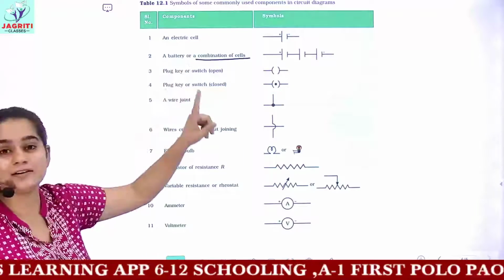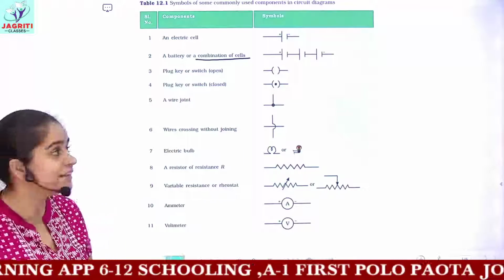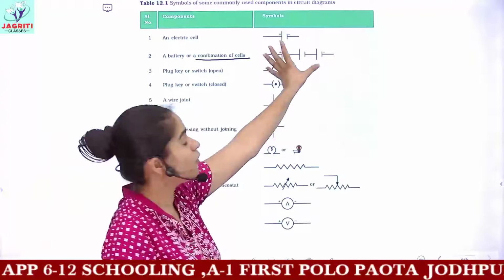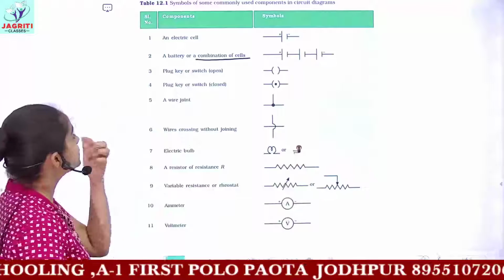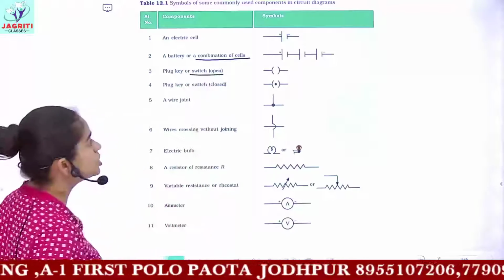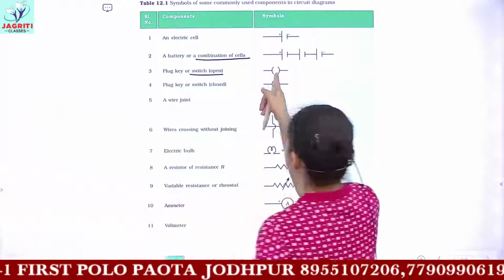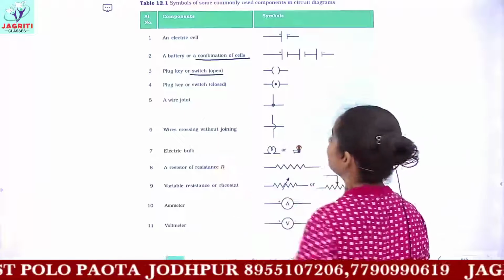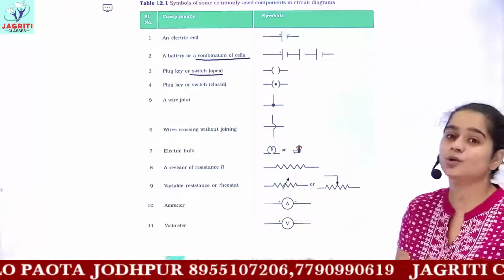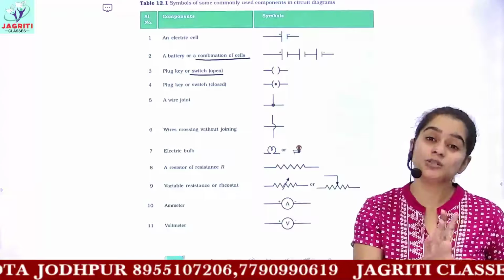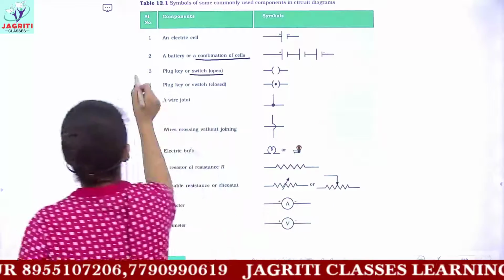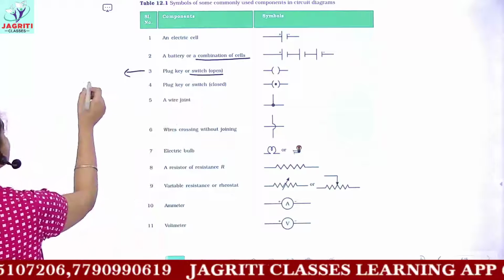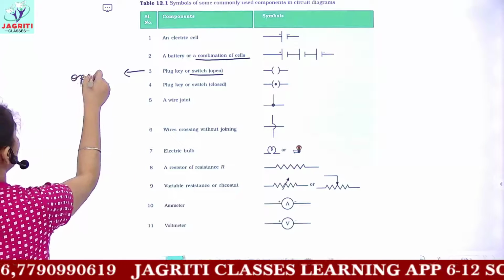Then you have battery. Battery is what? A combination of cells. So you can draw many cells, and this would be called as a battery. The next is plug key, or you can call it to be switch. The open switch is drawn in this condition, whereas the switch, when it is present in a closed condition, I told you in open circuit and closed circuit, when the switch is open, such a circuit is known as open circuit.